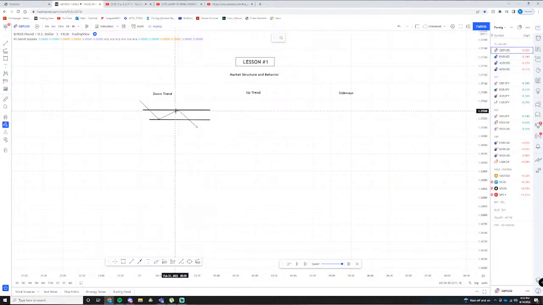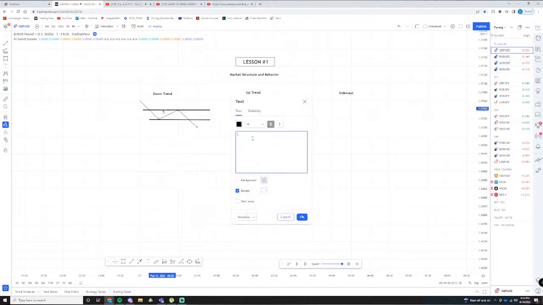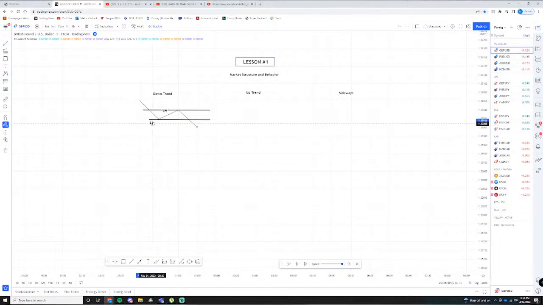We'll call this a lower high, and this our lower low. Here's this, and here's this, and the area I mean by lower low is this area right here, and this area right here.